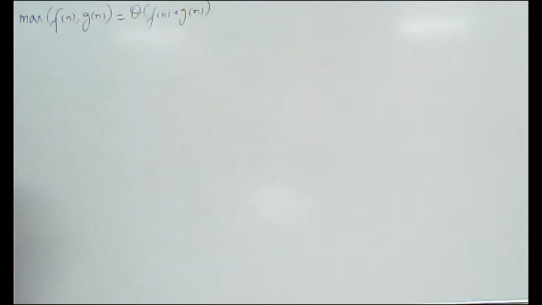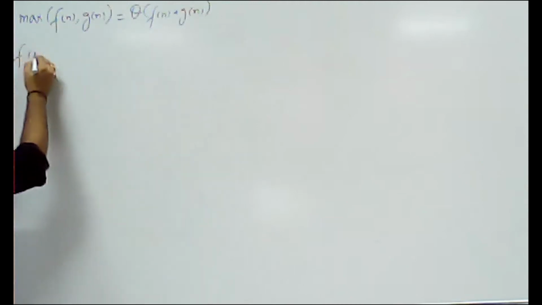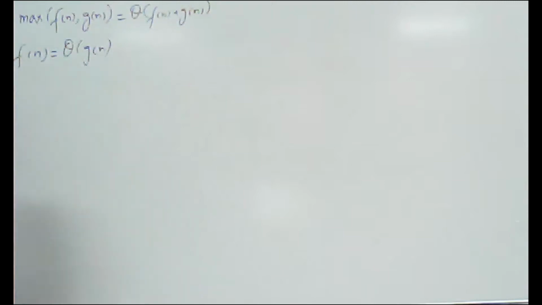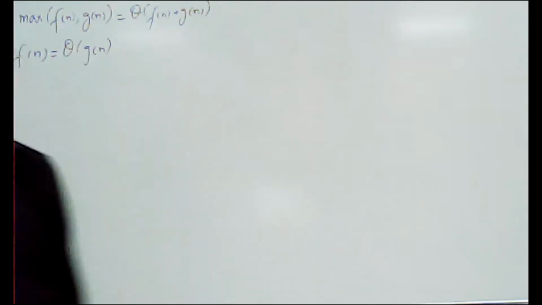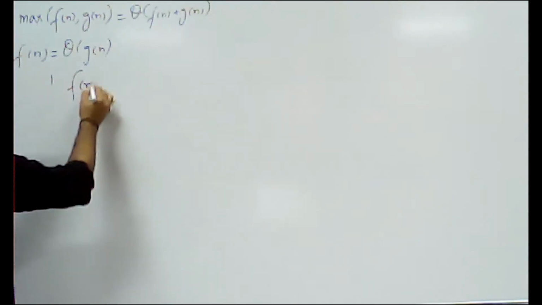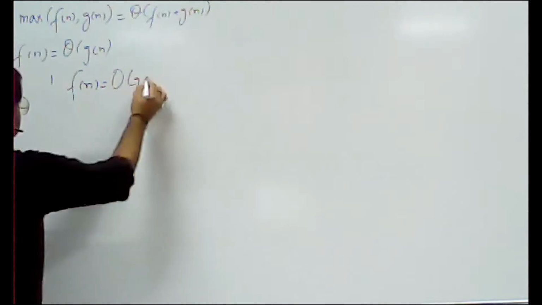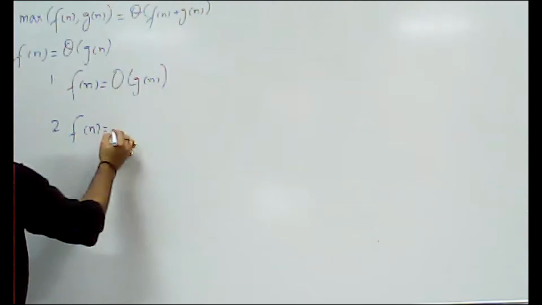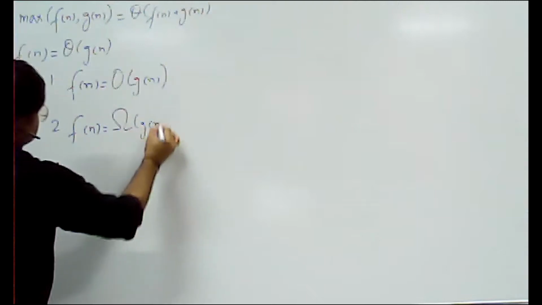If I have to prove that some function f(n) is equal to theta of g(n), then what do we have to do? I have to first prove f(n) is equal to big O of g(n), and second f(n) is equal to omega of g(n).